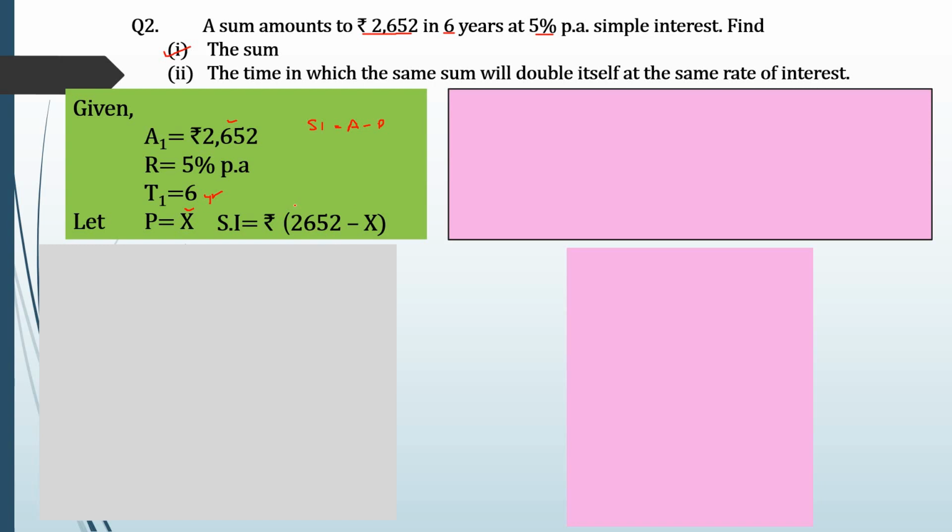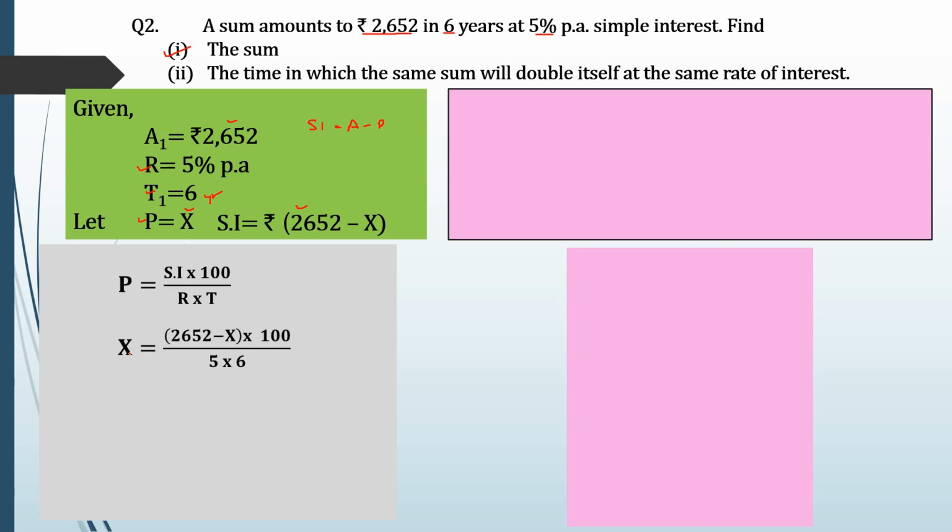Now according to first condition, we have found out simple interest, we have principal, we have rate, we have time. So we'll use the relation principal is equal to SI into 100 divided by R into T, because principal is not known, we have assumed, so we have to find out principal, the sum. Now we'll just substitute their values.